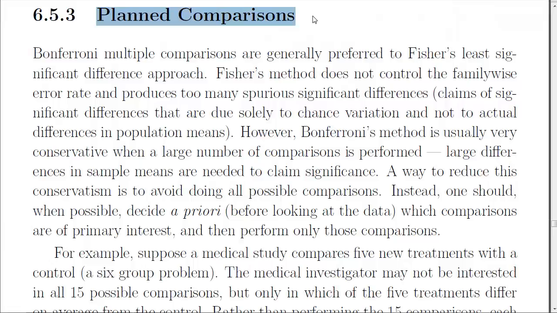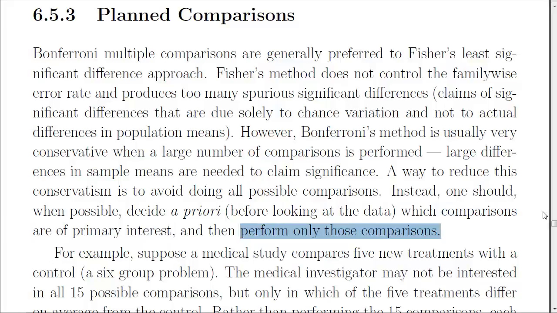Unplanned comparisons are where you just test every pair of population means or medians to see if they're different. But in this case, before we see the data, we actually know what comparisons are of interest, and we're only going to perform those comparisons.